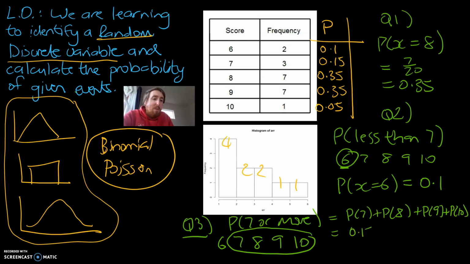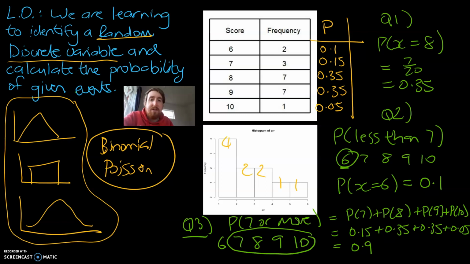That's 0.15 plus 0.35 plus 0.35 plus 0.05. And when we do all that, that comes up to 0.9. So from the table, we were able to calculate the probability of given events based on that score. And just to note, we can also do the same off the histogram, where we read the frequencies from how high the bars are.